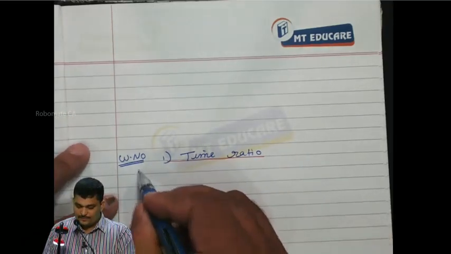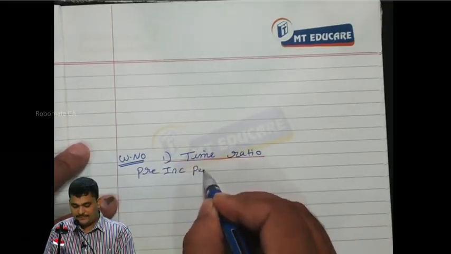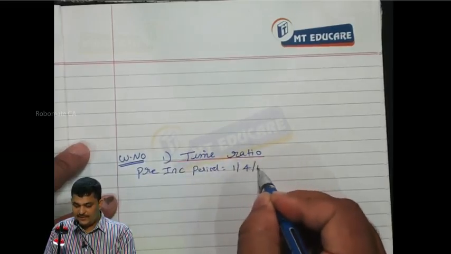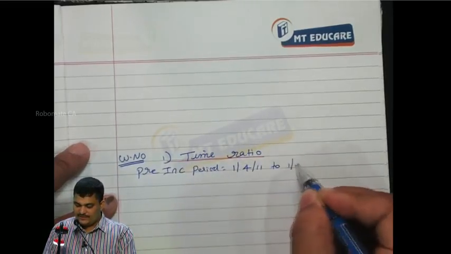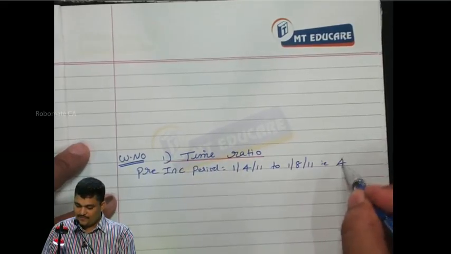Time ratio. Pre-incorporation period, 1st April 2011 to 1st August 2011. It is 4 months.